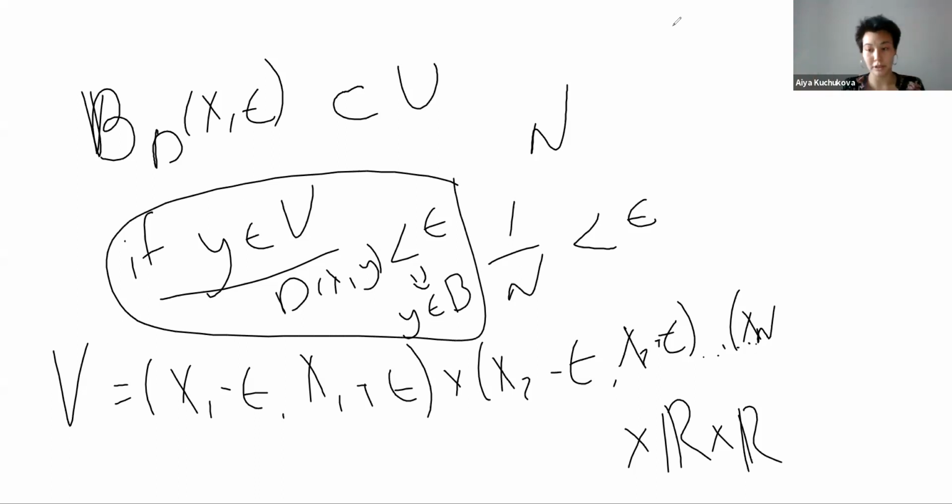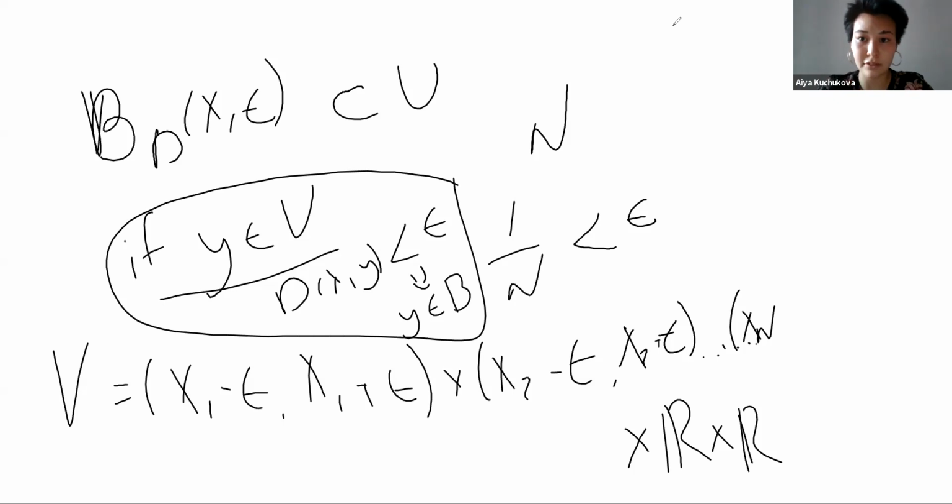Why does it work? If our product topology element is inside of the ball, then any element inside of it is inside of the ball too. So if we show that for any element in the product topology, its distance to x is smaller than epsilon, we show it lies inside of the ball.